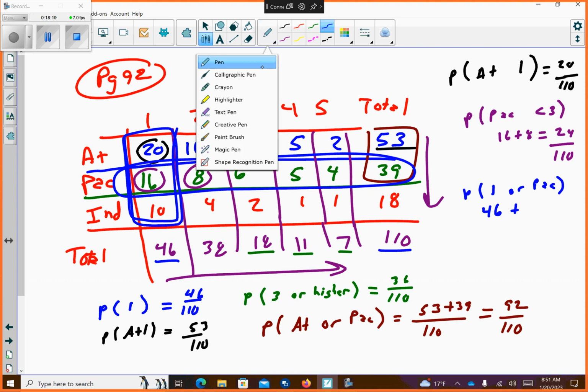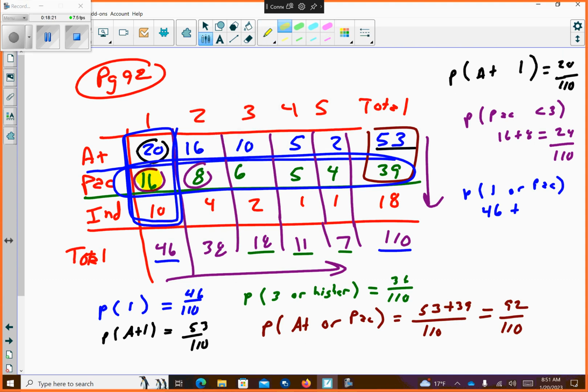I'm going to highlight something here. Don't double count that 16. The Pacific has a category 1, but I already counted that 16 as part of the category 1 total. So I'm going to add 8 and 6 is 14, 19, 23. So I have 46 plus 23 out of 110. If I add those together, I get a 69 out of 110 probability.